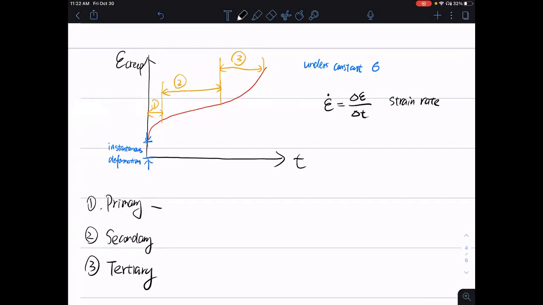That tells you how fast that deformation changes. As we can see from those three regions, at region 1, how that curve is changing. The curve starts very steep and it goes less steep, right? So the strain rate, the slope on that curve tells you what is the strain rate. So that's a slope.